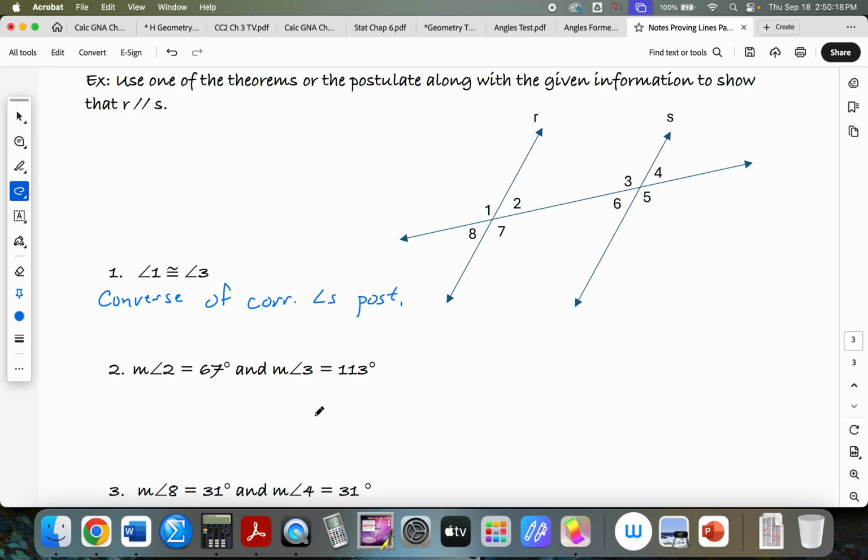All right, let's look at this next one. It says that angle 2 is 67. I'm going to write that lightly on there, and 3 is 113. It'd be nice if I wrote that in the right place. 2 is 67, and 3 is 113.